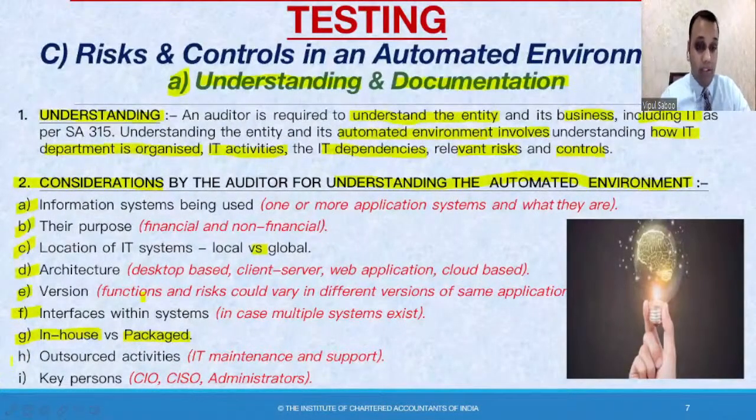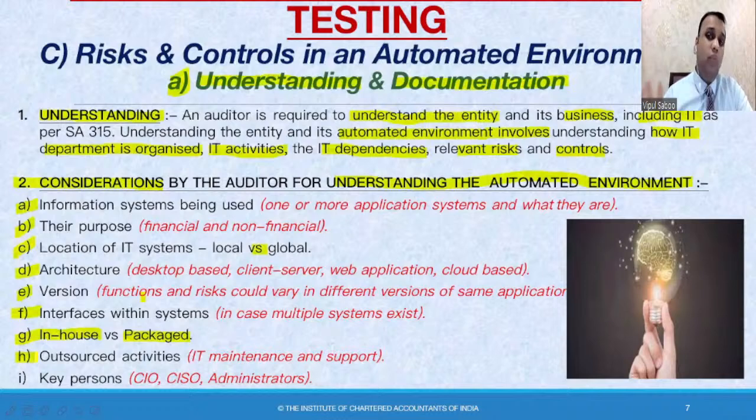Outsourced activity. What is outsourced? It means using the services of a third party. I have entered into an annual maintenance contract, AMC, with a particular vendor in my area, that quarterly you will be coming to my office and checking all my computer systems, the antivirus and the printers, any physical cleaning, hard cleaning, soft cleaning.